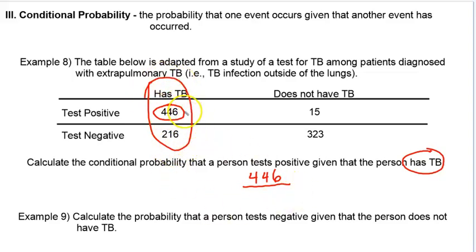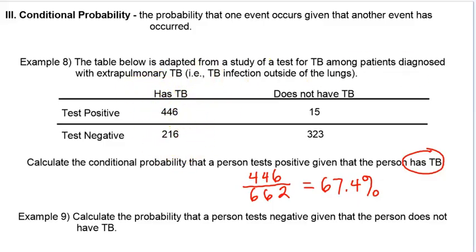All right, so all the people that have TB are these two numbers added together, which is 662. All right, so we put that together and go to our calculator, and that gives us 67.4%.